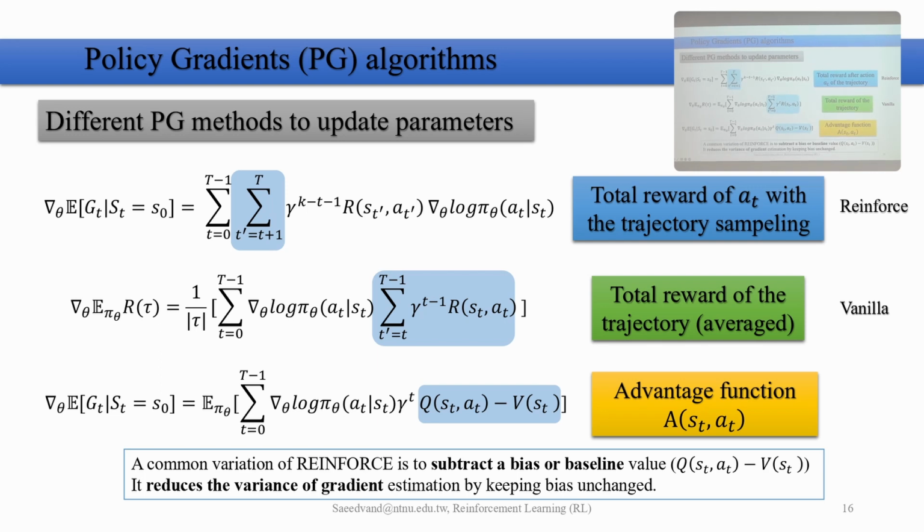So I have a note here. A common variant of the reinforce is subtracting a bias or baseline that I mentioned to you. Also, there are many different techniques where this value can be replaced with anything else, but that's called baseline. A value, for example advantage, reduces, formally we can say, the variance of the gradient estimation, so it will be more stable. The variance can represent the error.